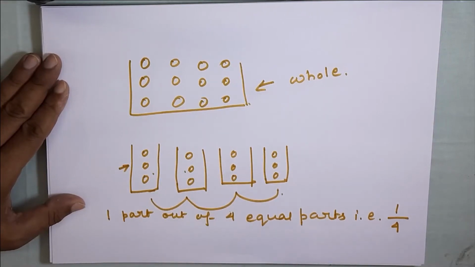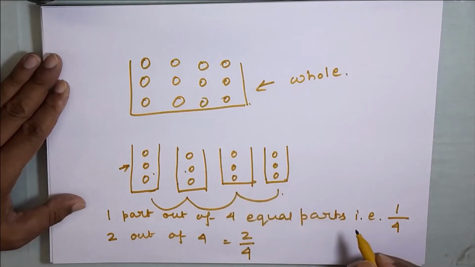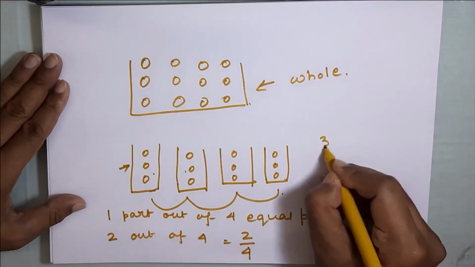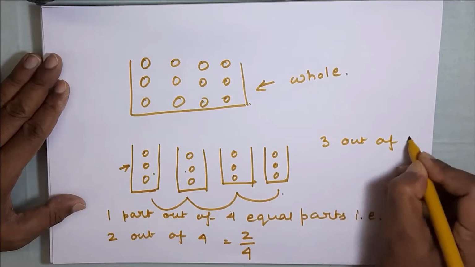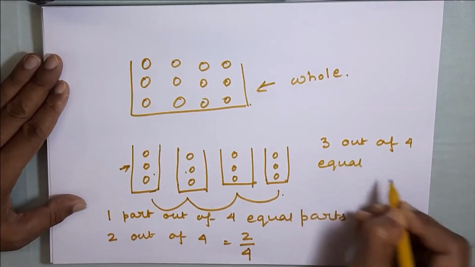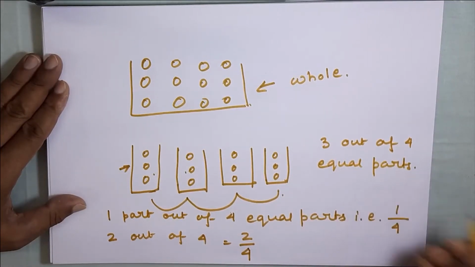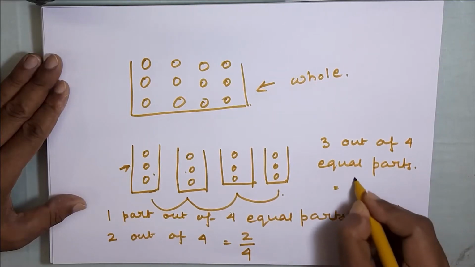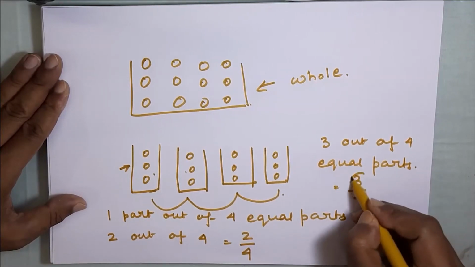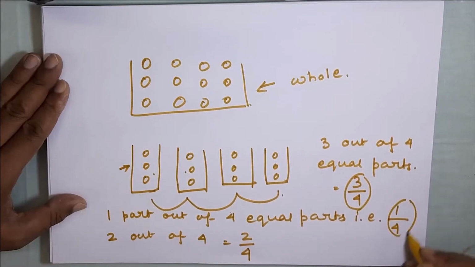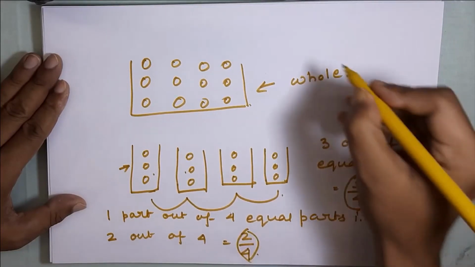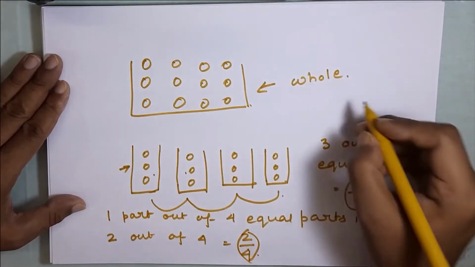So how do we do that? It is two out of four. Now I want to showcase three. It will be 3 out of 4 equal parts, which can also be represented as 3 by 4. So this 3 by 4, this 1 by 4, this 2 by 4, these are all called fractions.